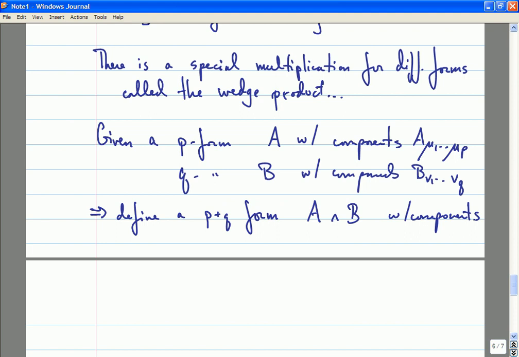So A wedge B is a P plus Q form, so it has P plus Q indices, which we'll call mu 1 up to mu P plus Q.